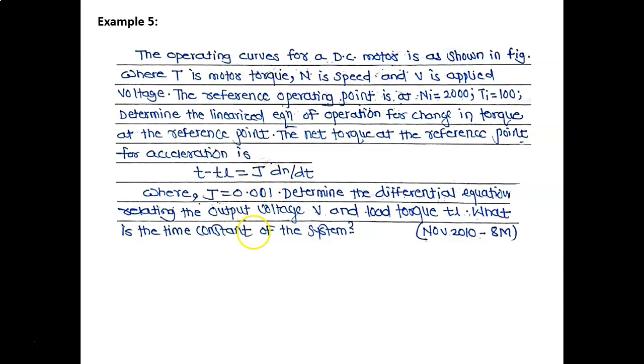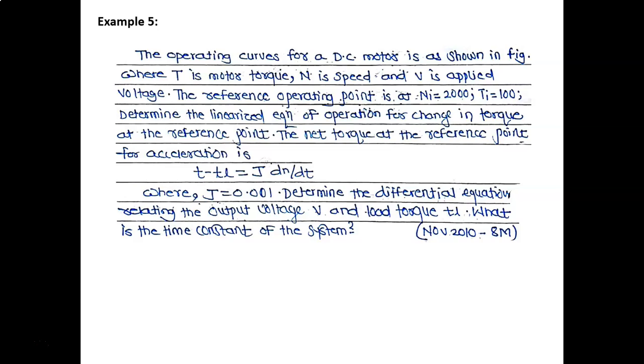Determine the linearized equation of operation for change in torque at the reference point. The net torque at the reference point for acceleration is T minus TL is equal to J into dN by dt, where J is equal to 0.001. Determine the differential equation relating the output voltage V and load torque TL. What is the time constant of the system?